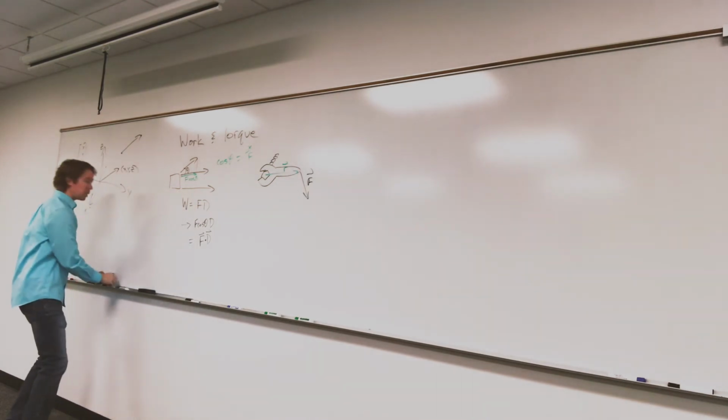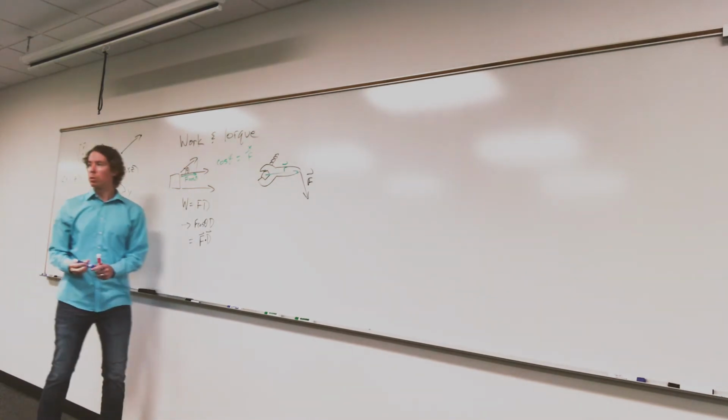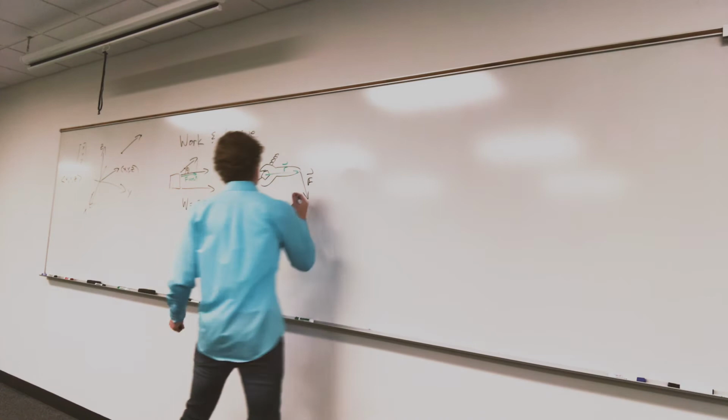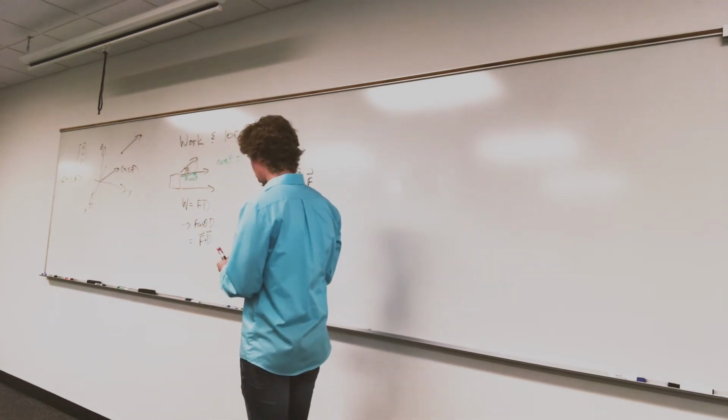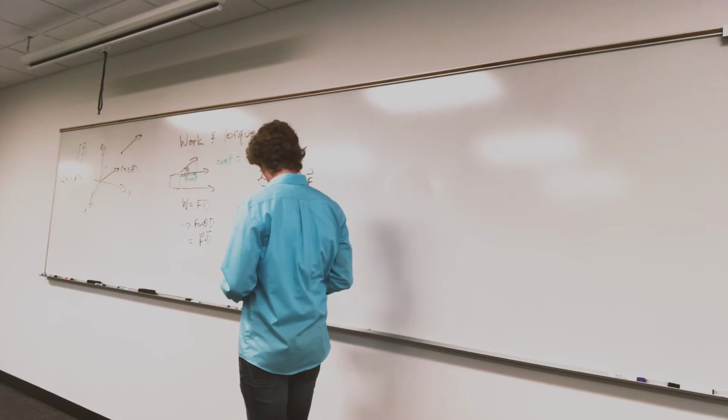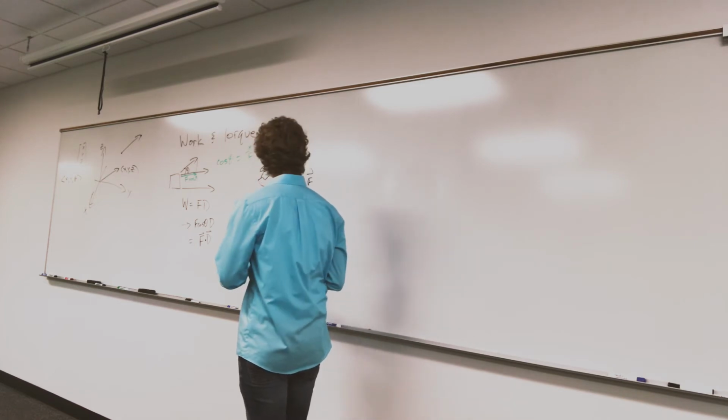And one of the main reasons that vectors are so useful, I think, is because you can break this thing up into components going in two perpendicular directions like this.